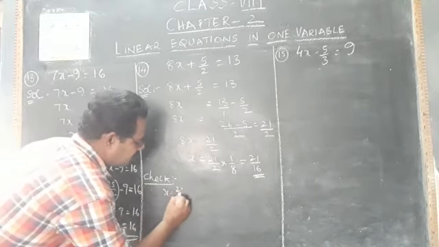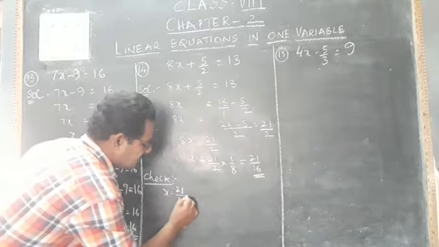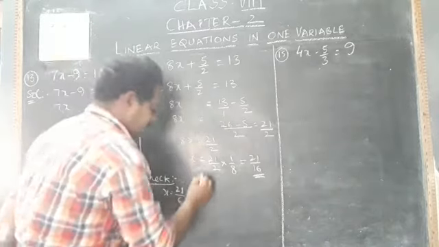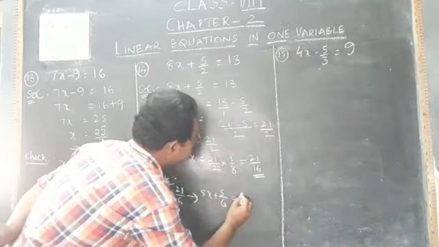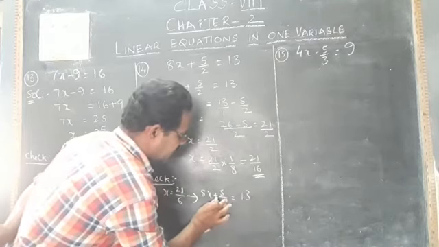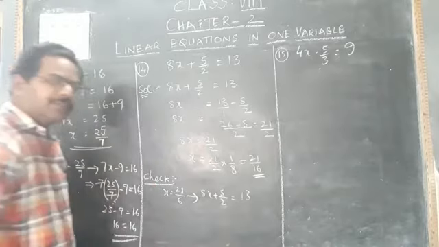X is equal to we got 21 by 6. This should be substituted in the 8x plus 5 by 2 is equal to 13.